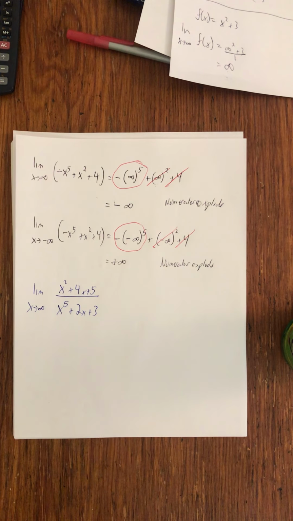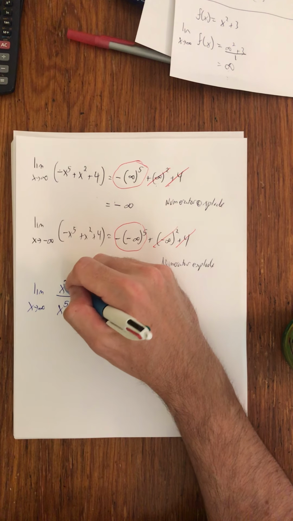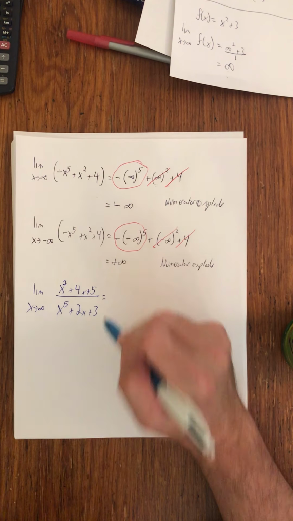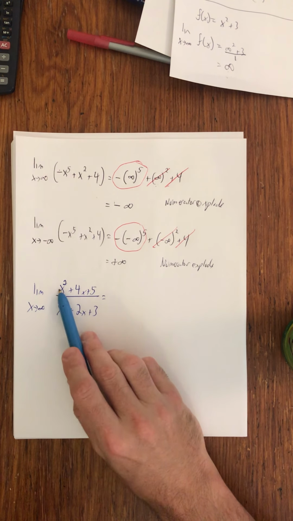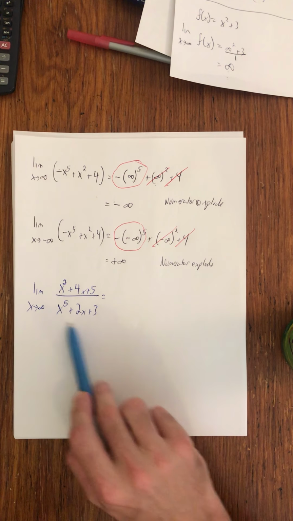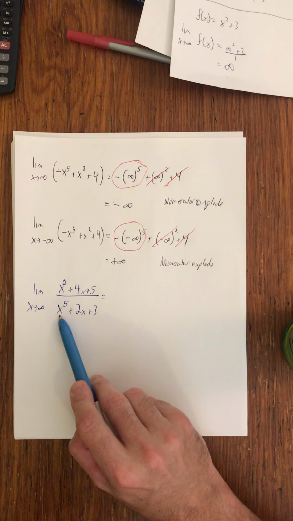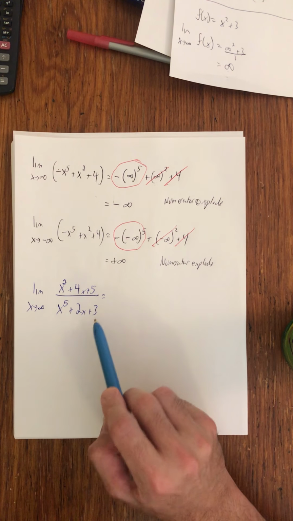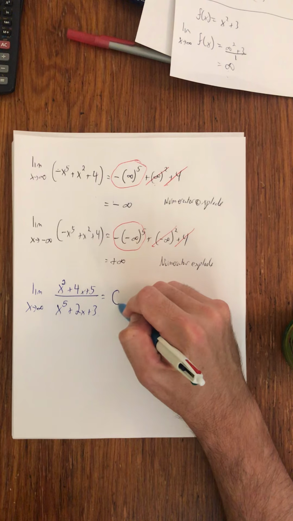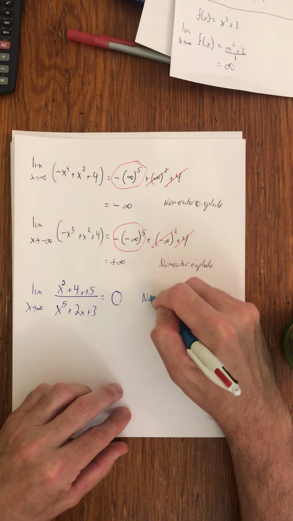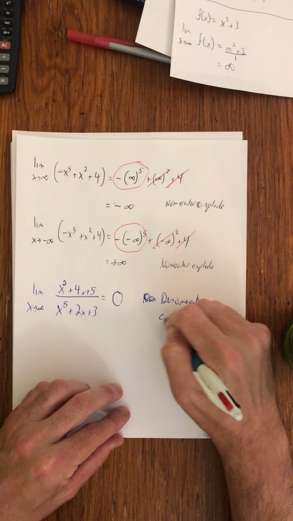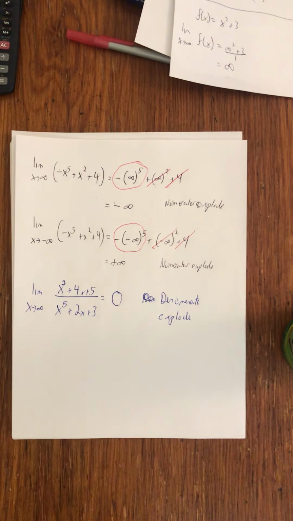Now, technically, this is a really complicated problem, but we're not going to make it complicated, because what we're going to notice here, using the same logic from above, is that this is going to trend towards infinity, and this is going to trend towards infinity, but because the highest order here is 5, this trends towards infinity faster than this one. This is just going to be 0, and we're going to say the denominator explodes and be done with it. Done, done, done.